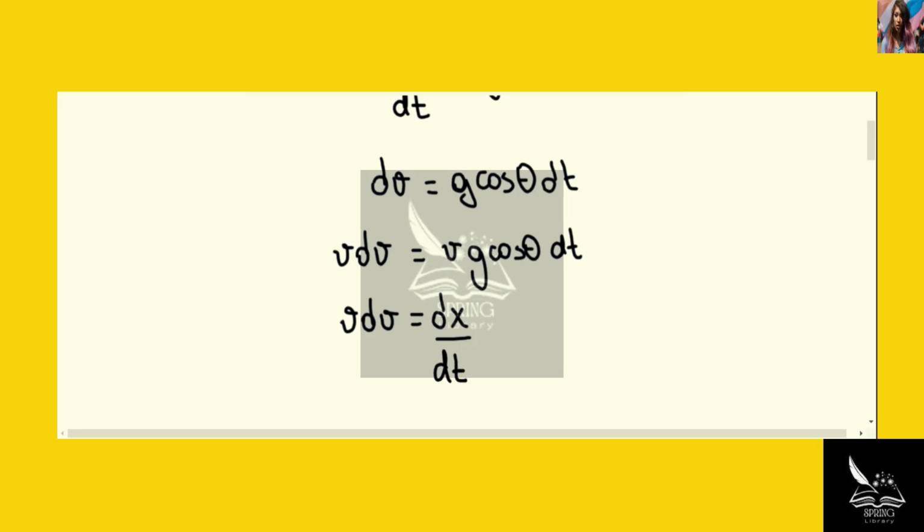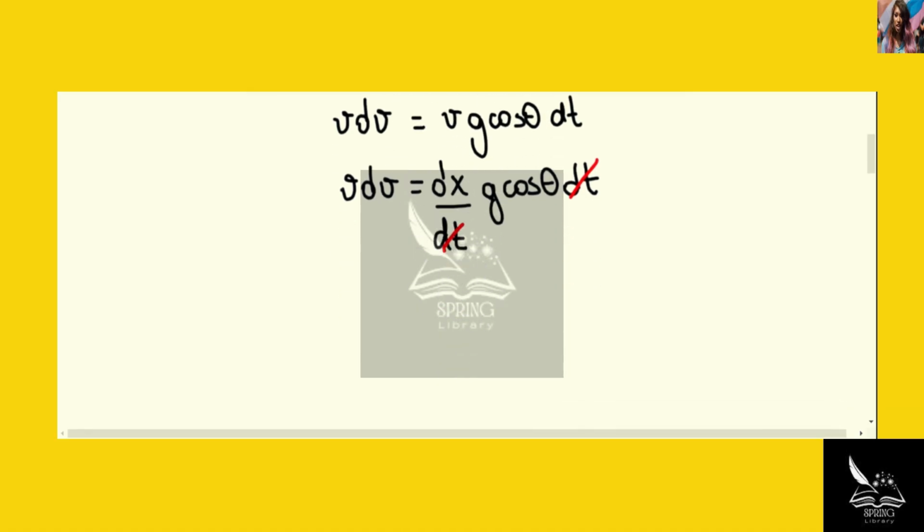And x is the element of arc length of the circle. Okay, this is dx times g cosine of theta dt, so the dt is canceled out. So we have that v dv is equal to g cosine of theta times dx.